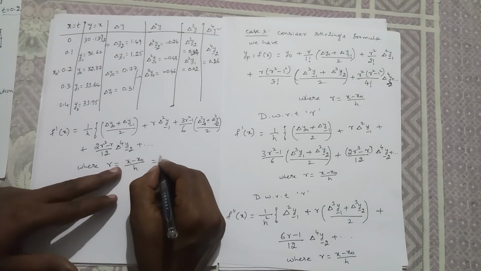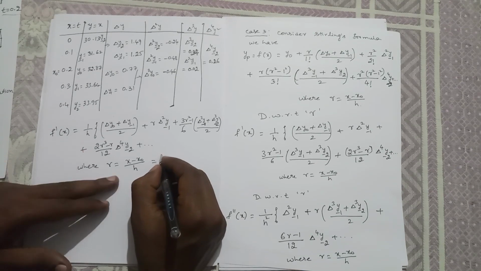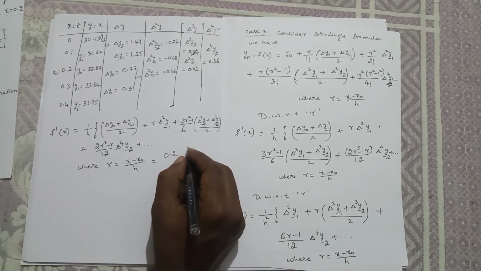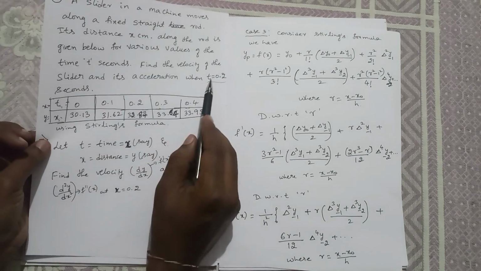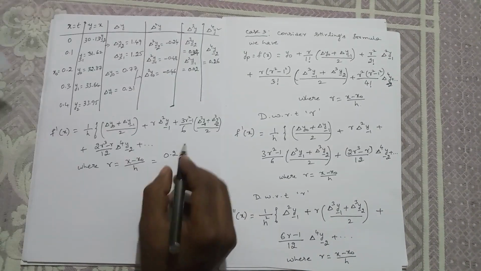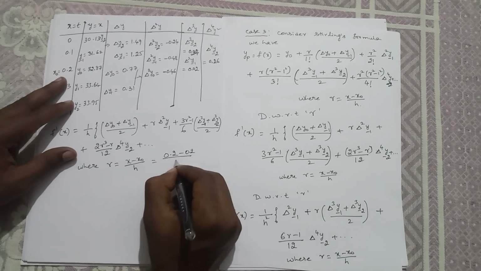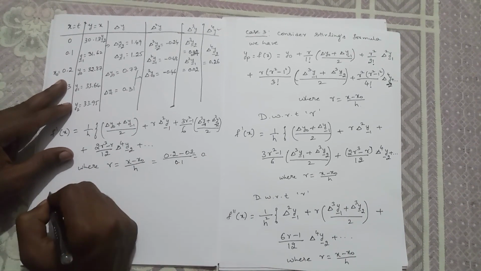So x value is 0.2, x naught value is also 0.2, divided by h value 0.1, so we get r equals 0.